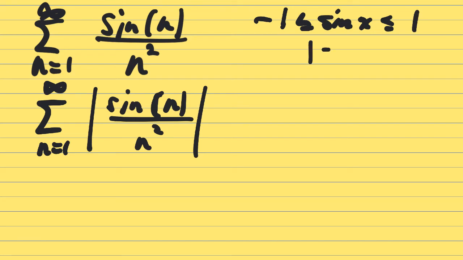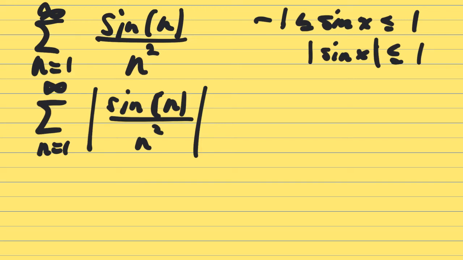When you absolute value, then all of your terms will have a value less than or equal to 1. And just remember, the absolute value of negative 1 is 1. Anything between negative 1 and positive 1, if you absolute value that value, it will become 0 or positive.